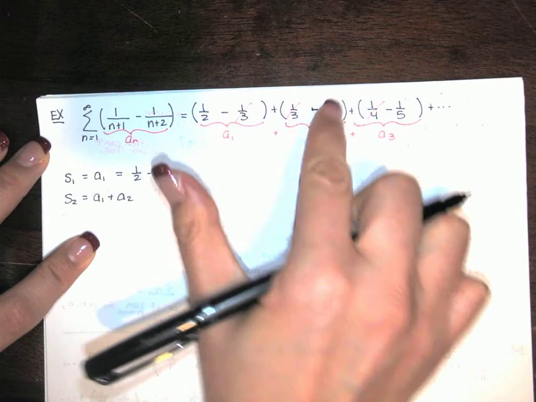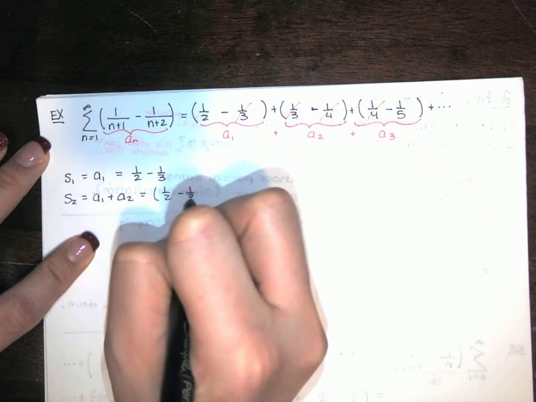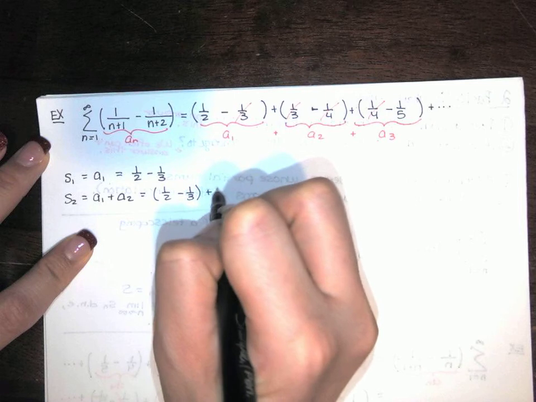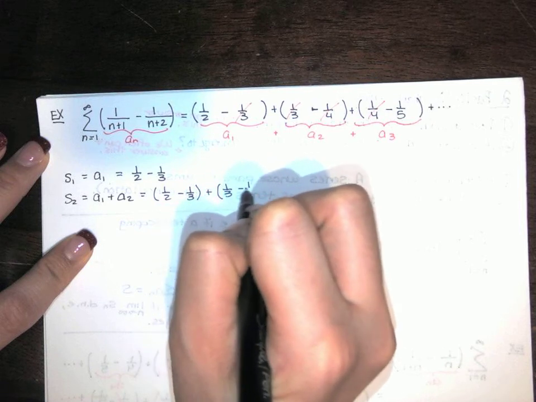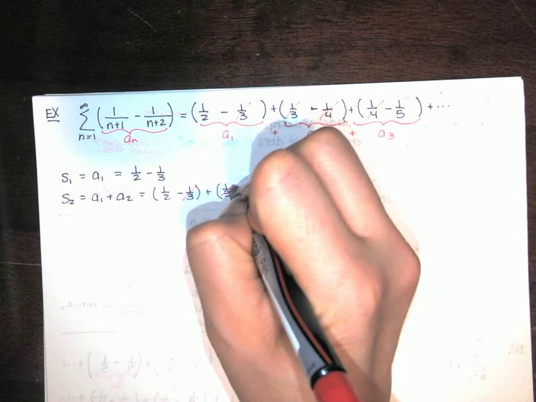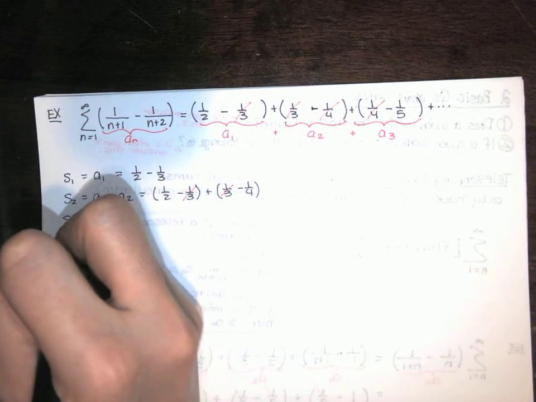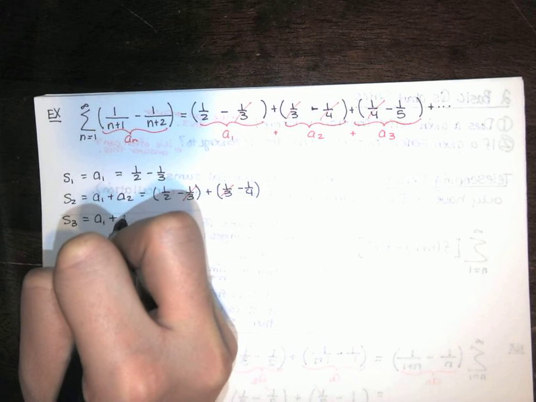S sub 2 is the sum of the first 2 terms. So that's this guy plus this guy. And I'm going to add parentheses just for emphasis to say that's a sub 1. And now I'm adding a sub 2 over here. And I notice that the 1/3's reduce. So we're just left with 2 terms. And then we'll compute S sub 3.